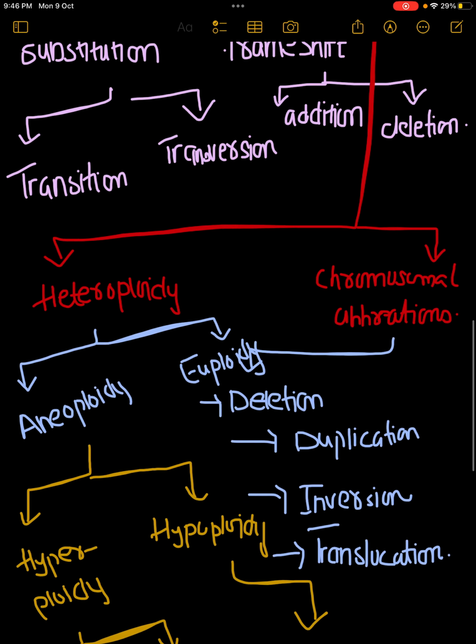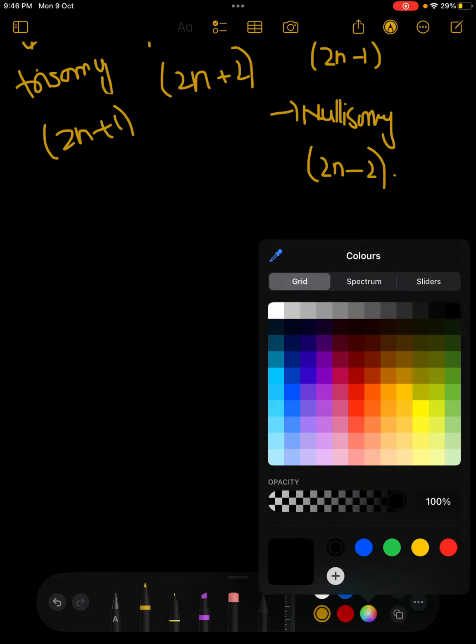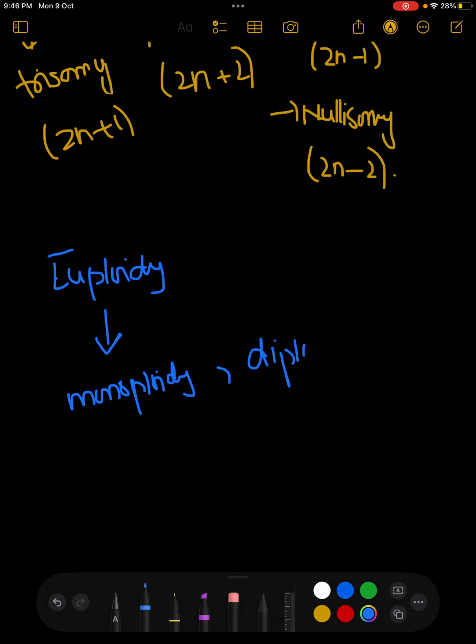Now again, this euploidy is divided into monoploidy, diploidy, and polyploidy.